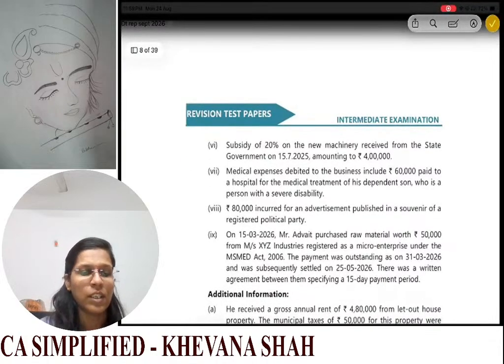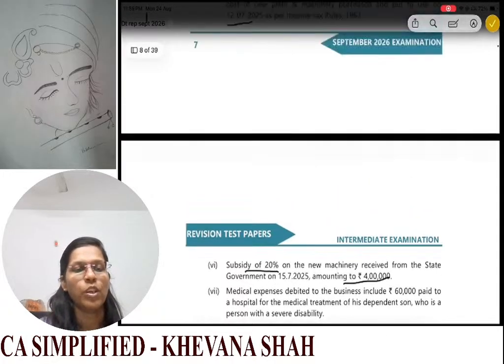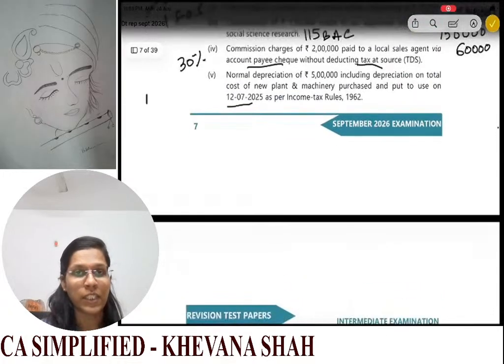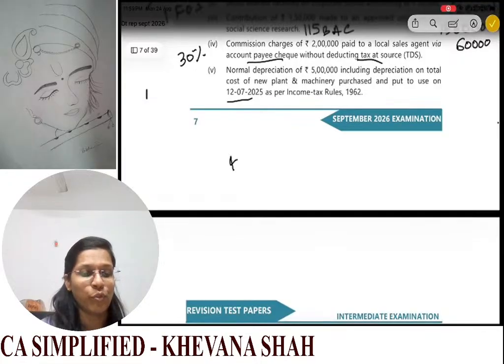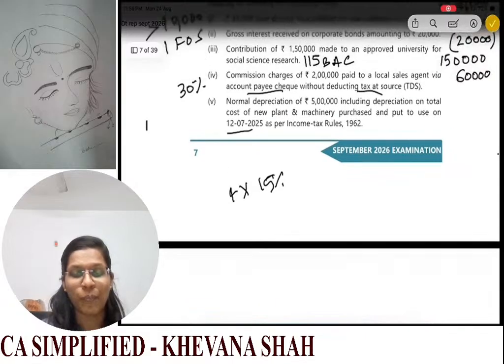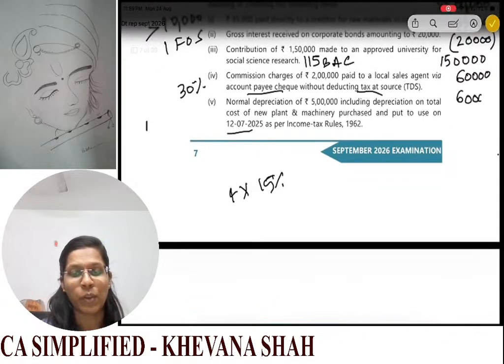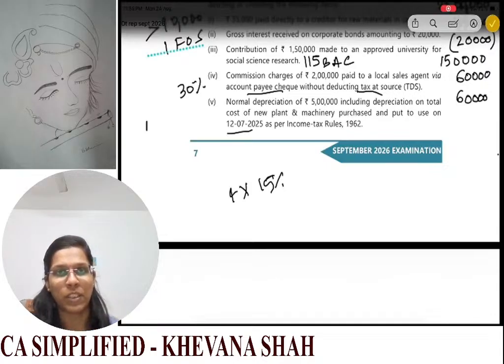Now what they are saying is a subsidy of 20% received amounting to 4 lakh rupees. So on these 5 lakh, you are getting a subsidy of 4 lakh. So on 4 lakh, whatever depreciation at 15% is there, you need to add back, okay? Because you cannot take both the subsidy and the depreciation.